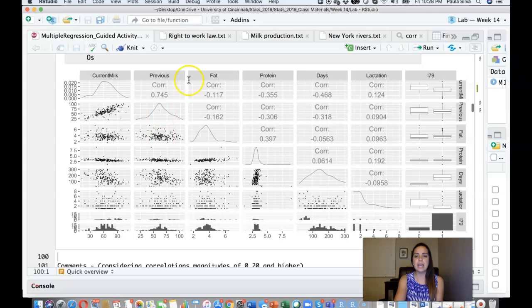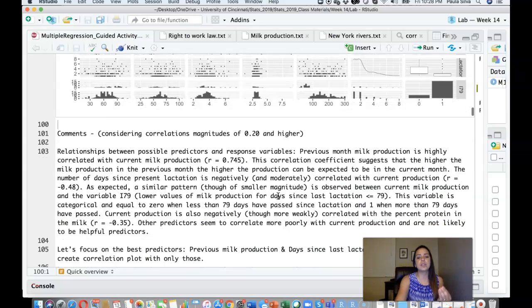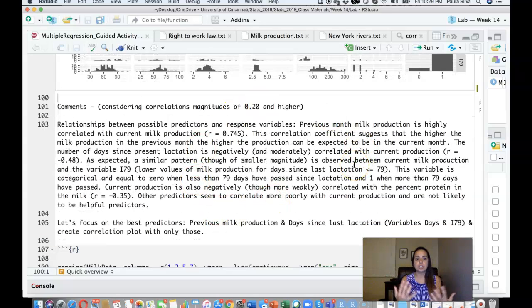So when I'm looking at these correlations, I would consider correlations of magnitudes 0.20 and higher as a general rule, especially because I'm seeing some much higher ones. And here, what I've just talked you through is written right there, right? So relationships between possible predictors and response variable of interest.